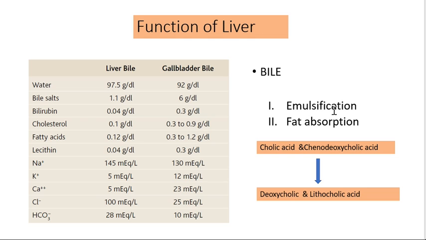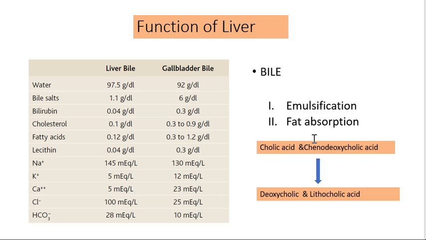We'll see this concept again, how fat digestion and absorption occur, because our last video will be on this also. But here you should know the composition of bile and how it changes in the gallbladder. And second, what these bile acids are: these bile acids are formed from cholesterol by hepatocytes.